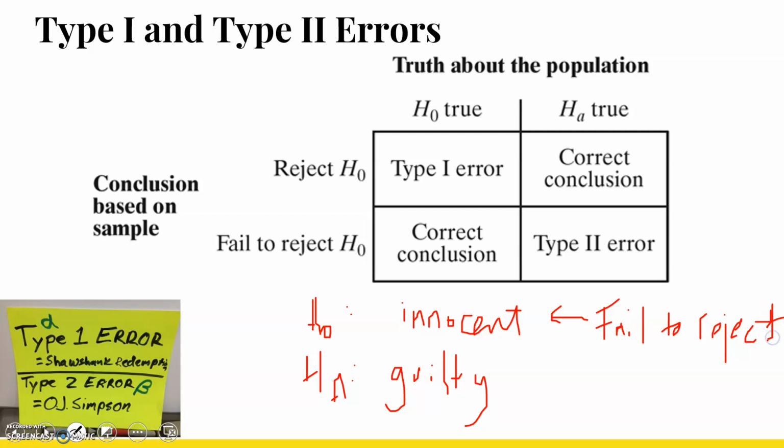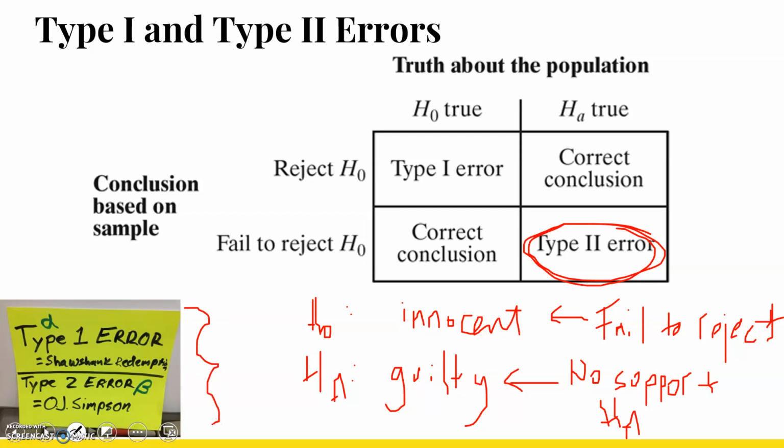So in other words, you should have rejected that they were innocent and concluded they were guilty, but you failed to reject that. So now you're stuck in that null territory, and you have no support for the guilt, no support for HA. That's a type 2 error. All right, and that's what this little joke here tries to illustrate.